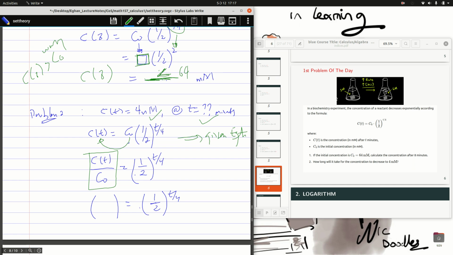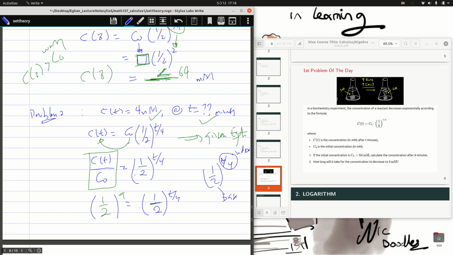If I want to solve this problem, it will be so cool to find a form in this way, because 1/2 here is the base. Don't forget 1/2 to the power T on 4 is still an index, the base here with the exponent or the power as this.